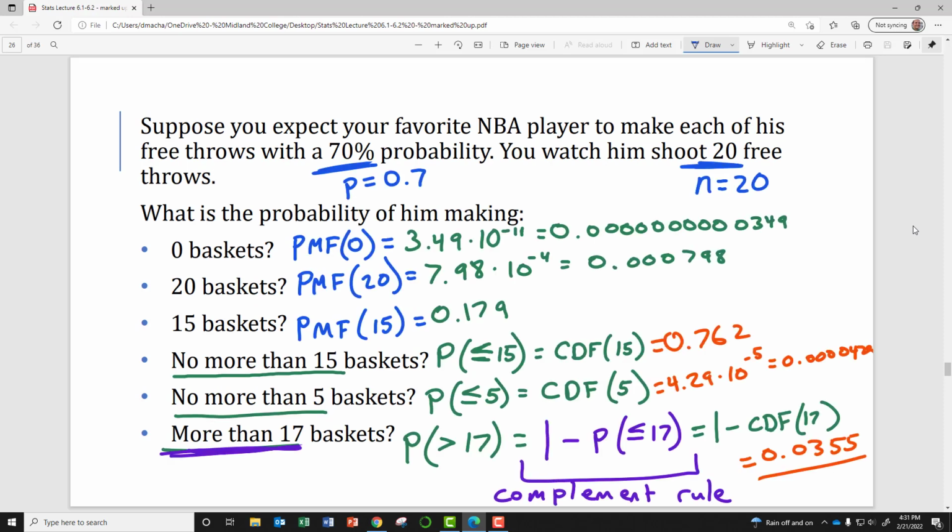And we also talked about how to use the binomial probability mass function and cumulative distribution function to answer important questions about probabilities when we have this sort of setup.